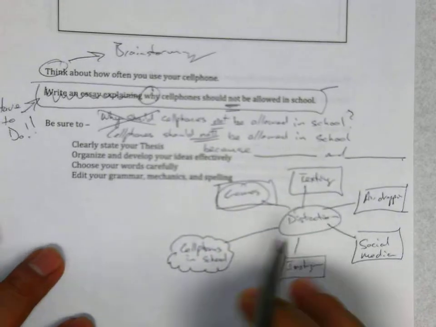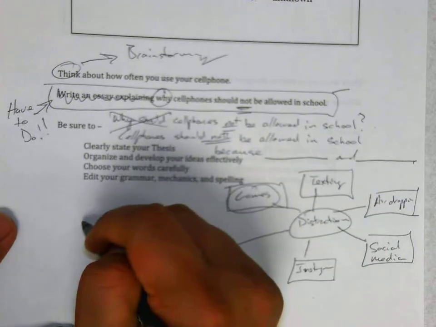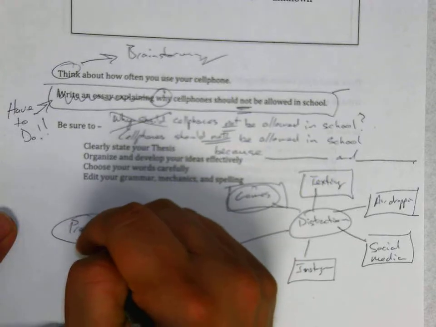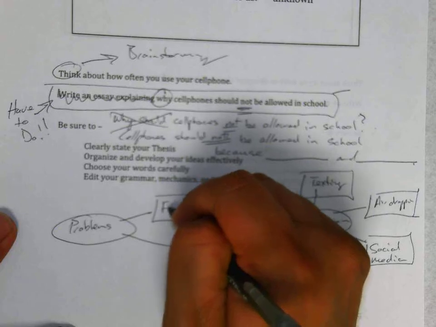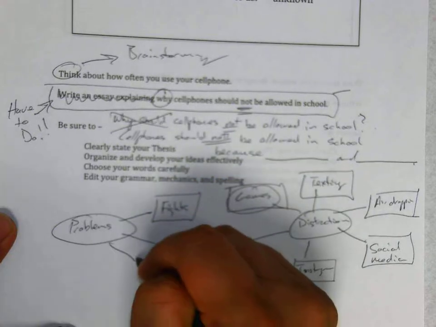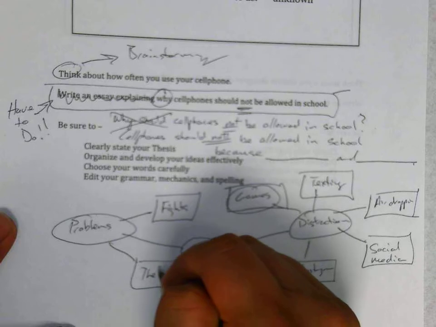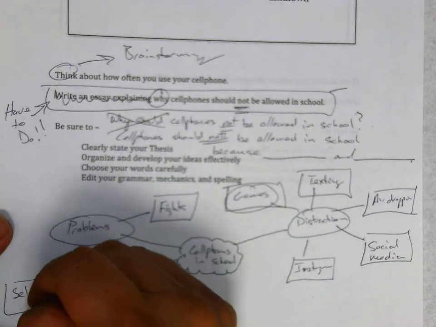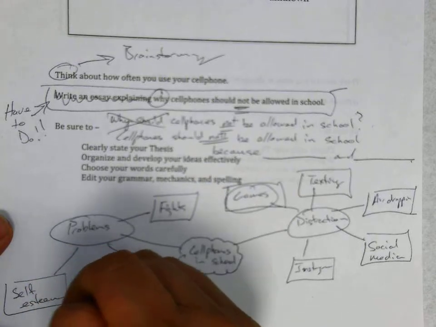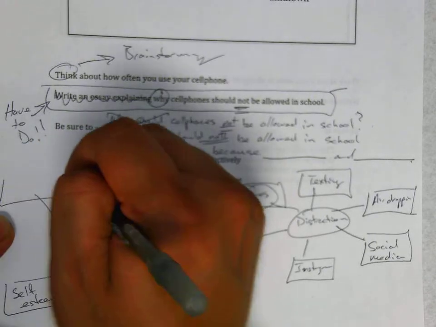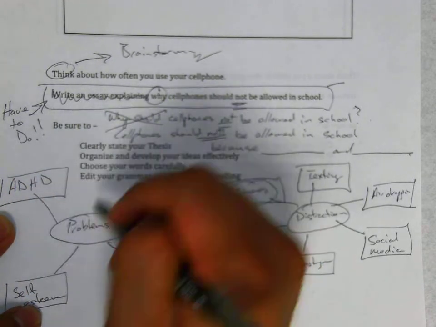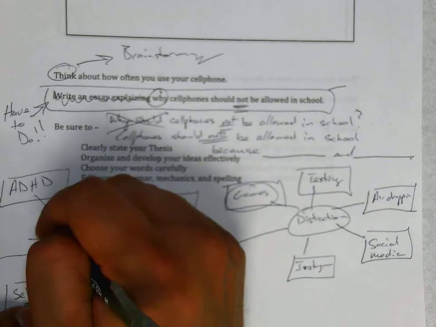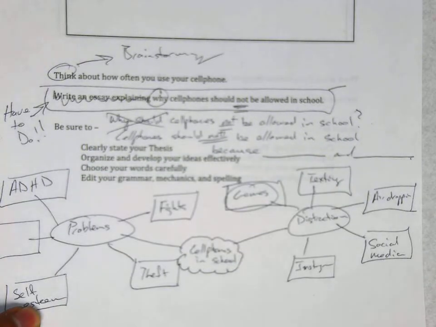All right. So another reason cell phones shouldn't be in school is because they start problems. Some of the problems we have because of cell phones: fights, theft, self-esteem, ADHD, what else?